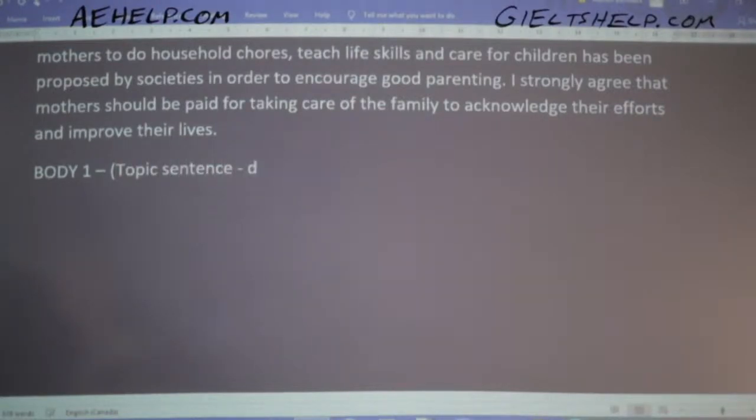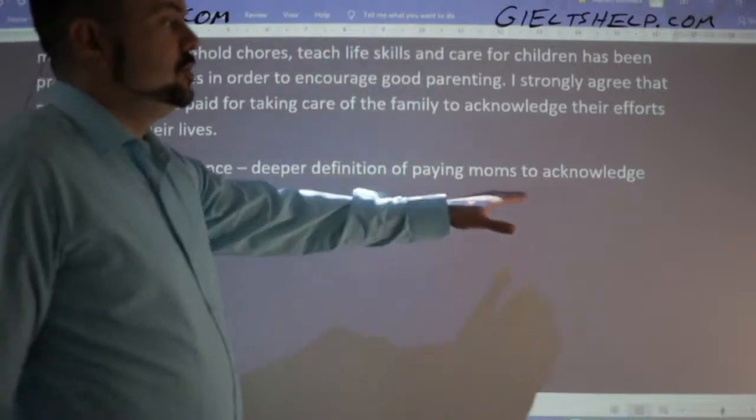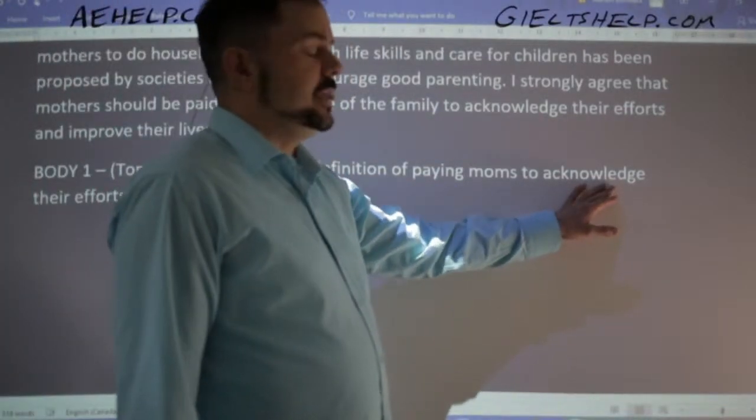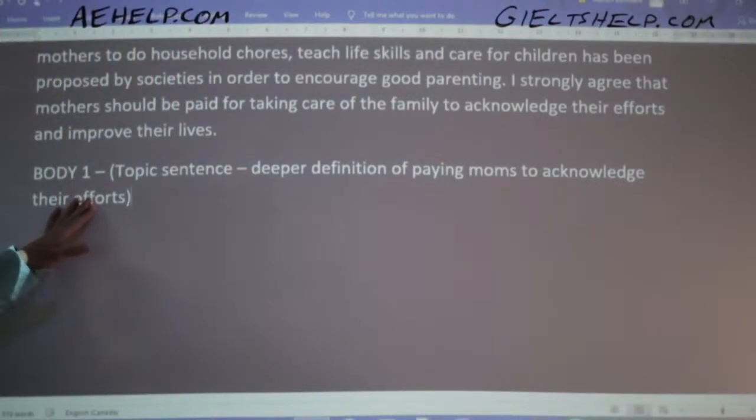Okay, topic sentence here is a deeper definition of paying moms to acknowledge their efforts. Okay, so here you should be asking yourself, what does that mean? So what does it mean to acknowledge the effort of a mom? What is the effort of a mom? How can we define effort more?